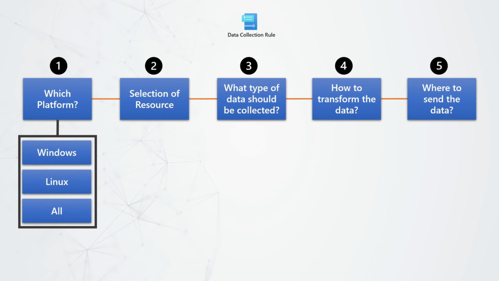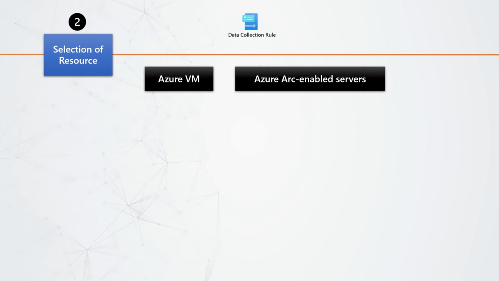Okay, now as I've said before, a DCR can only be applied to Azure VMs and Azure Arc enabled servers, which means that you have to onboard your machines first to Azure Arc and then associate them with data collection tools.